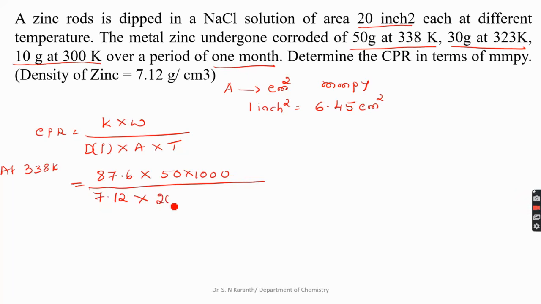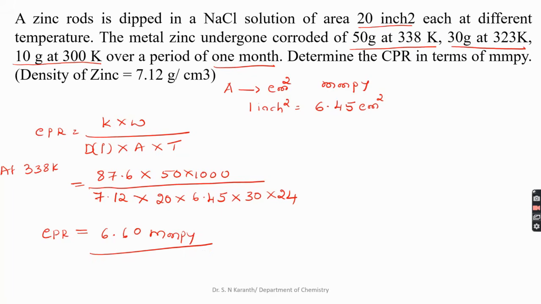Area is 20 inches square, converted to centimeter square by multiplying by 6.45, and the time period is 1 month, 30 days multiplied by 24 hours. So at 338 Kelvin, CPR becomes equal to 6.60 Mmpy. The unit is Mmpy.